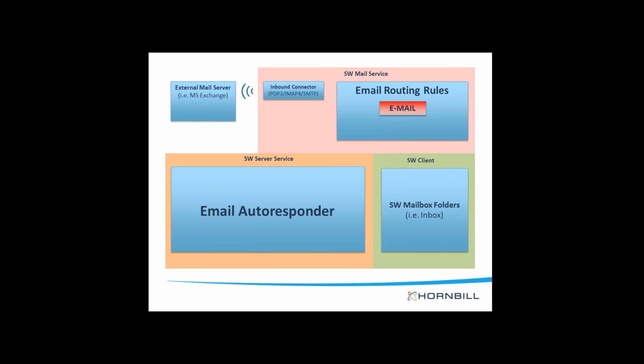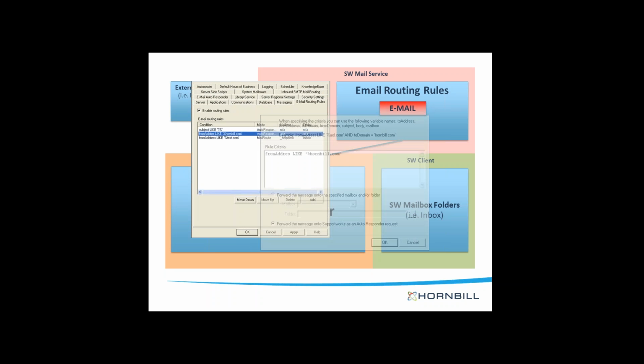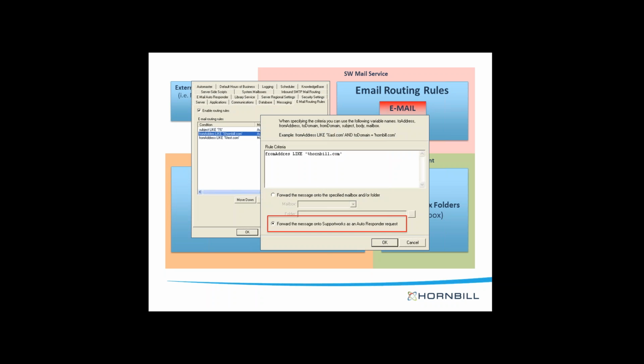One is you can move your email to be processed by our email autoresponder. For example, if an email routing rule is matched, and we can have a look at the rule criteria definition, there is an option to forward the message on to the Supportworks autoresponder, and the autoresponder takes charge from there on.